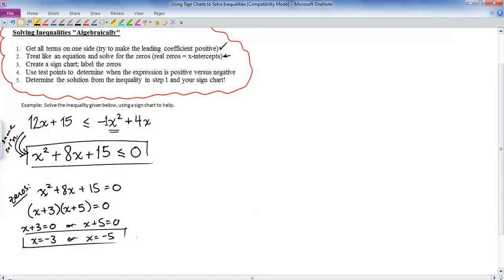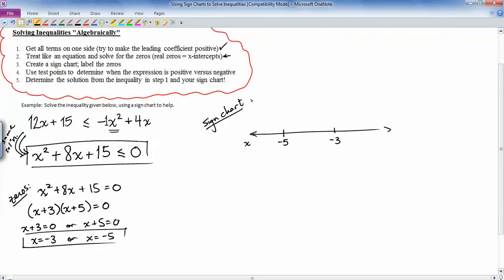Step 3 is create a sign chart and label the zeros on it. So let's make a sign chart. When you make a sign chart, I'm going to draw, here's my number line. And then I want to label the zeros on it. And since it's a number line, the x's get bigger as I go to the right. So the most negative one is -5. And then the next one is -3. Those are my x values.